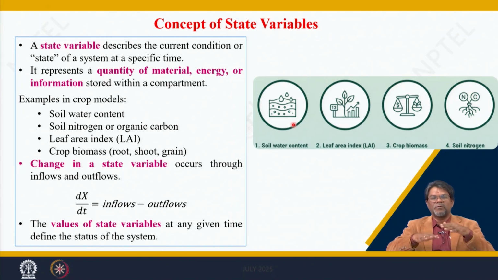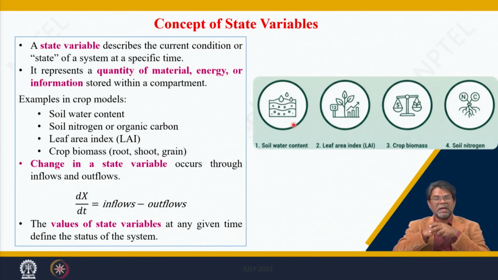So, there is flow of water from one layer to the second layer and the third layer, and also uptake of water by the plants. That causes change in soil water content, so it is known as a state variable.